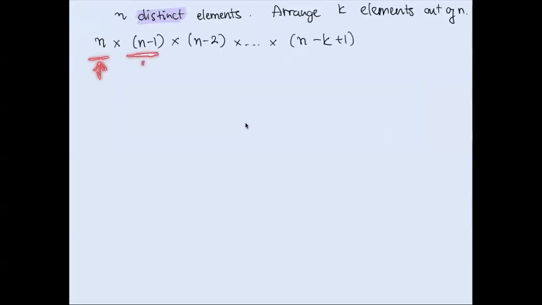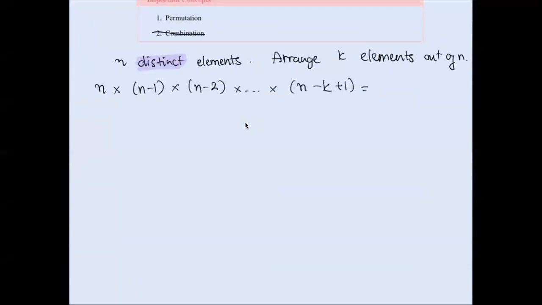And in the second position, since one of the items is already filled in the first position, you only have n minus 1 choices left. And similarly for this one, you only have n minus 2 choices left. And this is just equal to n factorial divided by n minus k factorial. Does this make sense?